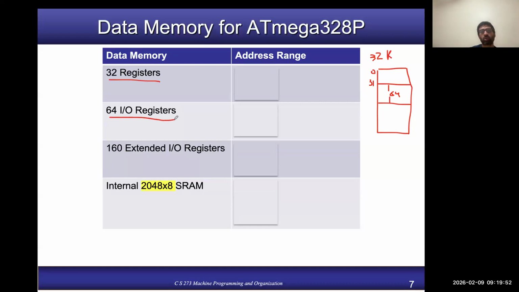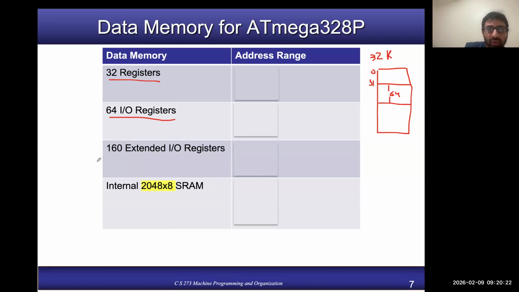IO registers are those which are used when you are doing input or output operations, which means you are reading input from some device or you are sending data to some output device. We will talk about that later. At this point, don't worry about that. It is sufficient for you to know that the next 64 addresses point to the 64 IO registers.